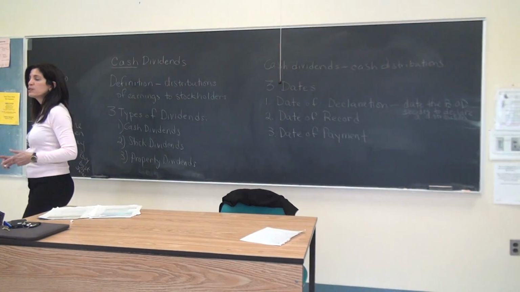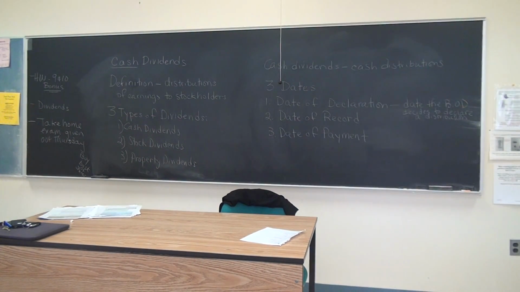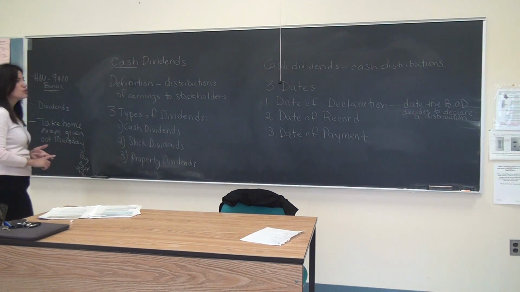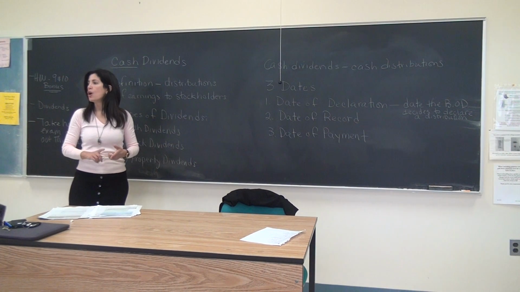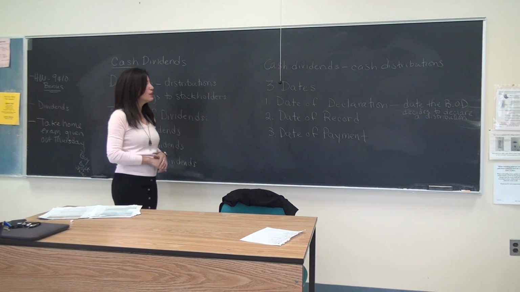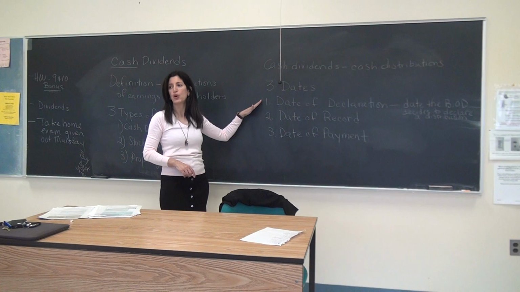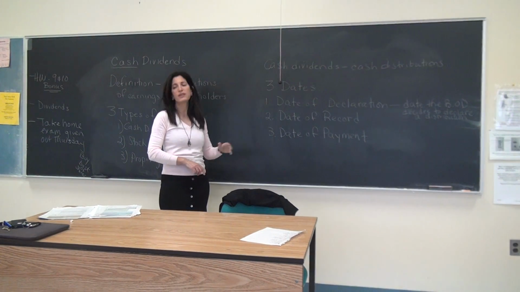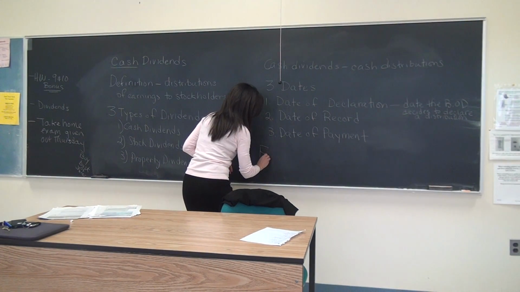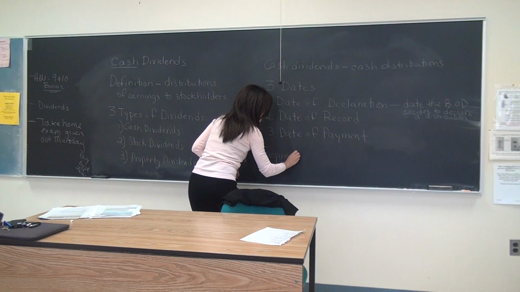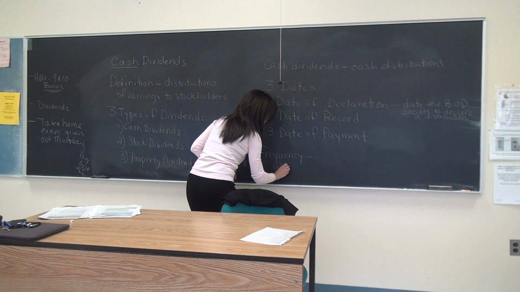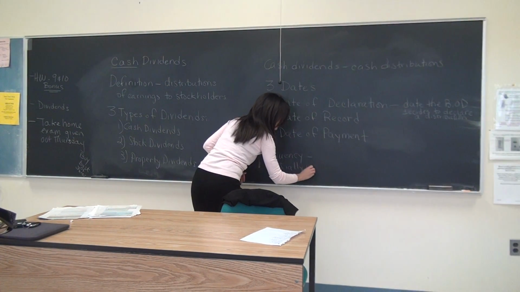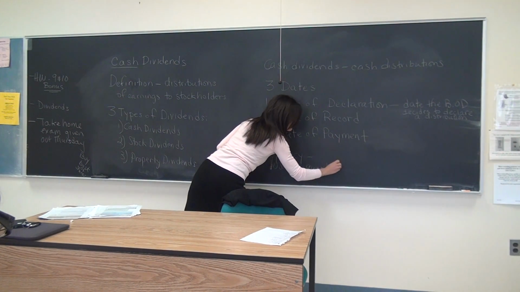The board of directors has to vote in order to declare dividends. You do not have a right as a stockholder exclusively to get a dividend. Dividends are given only by a board of directors vote. They vote usually quarterly.